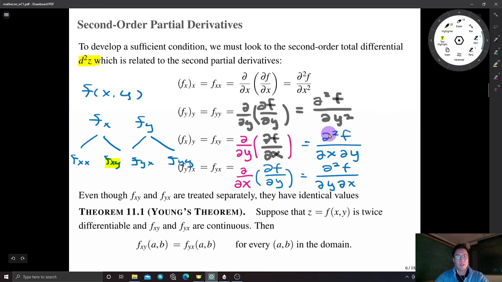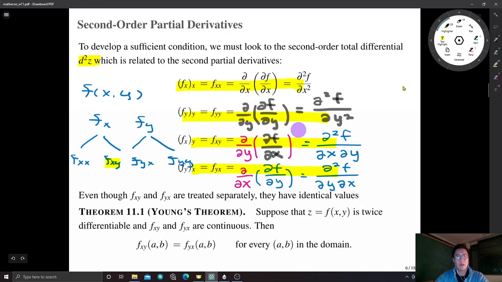So the only difference is we start from taking the partial with respect to y. That is a switched version of this. So in total we have four second partial derivatives: two double partial derivatives and two cross partial derivatives.